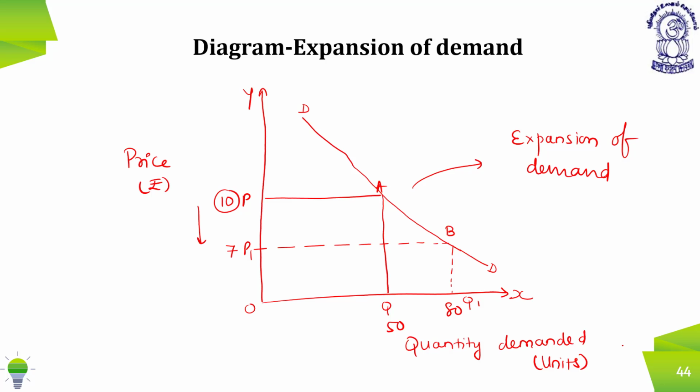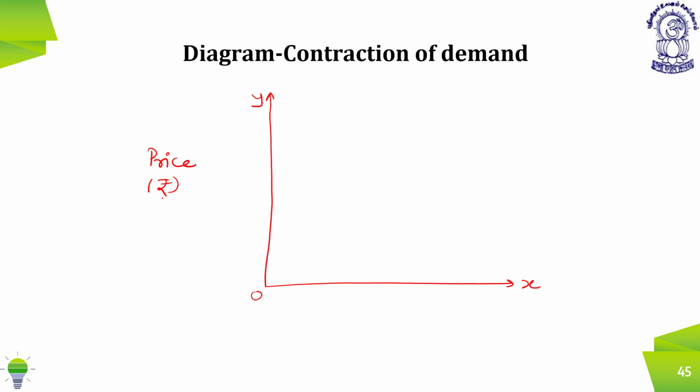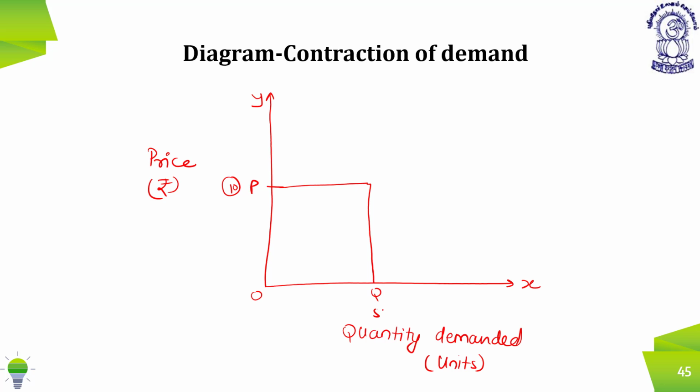Let's see contraction of demand now. This is x-axis, this is origin, this is y-axis. Over here we will denote price. Over here we will denote quantity demanded, that is in terms of units. So at 10 rupee price, the quantity demanded is 50.